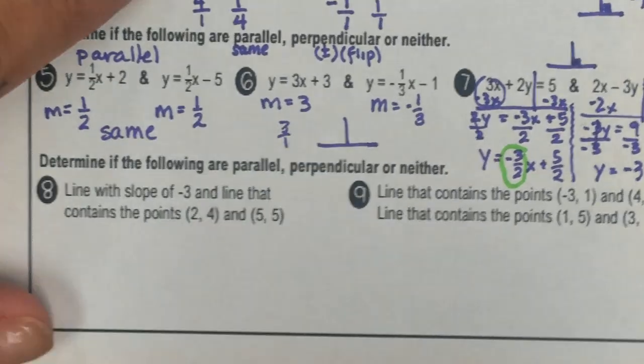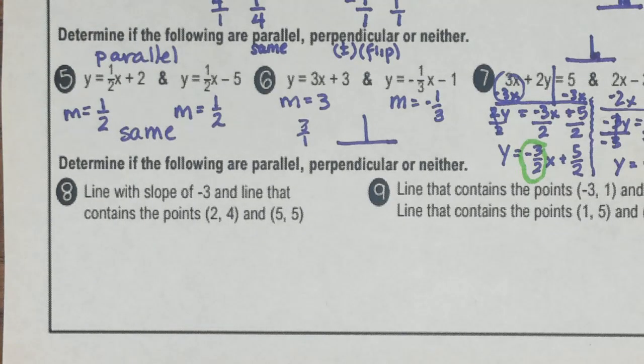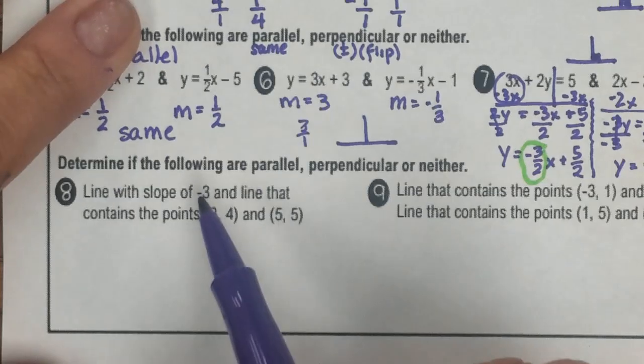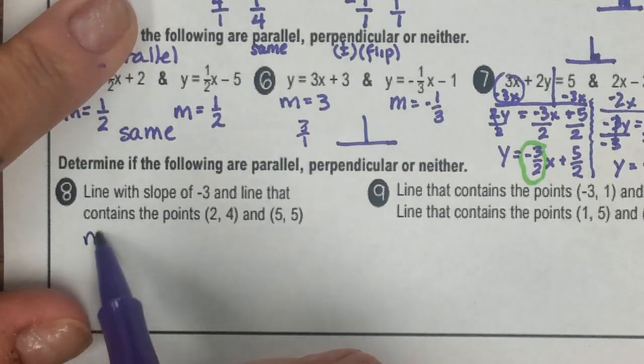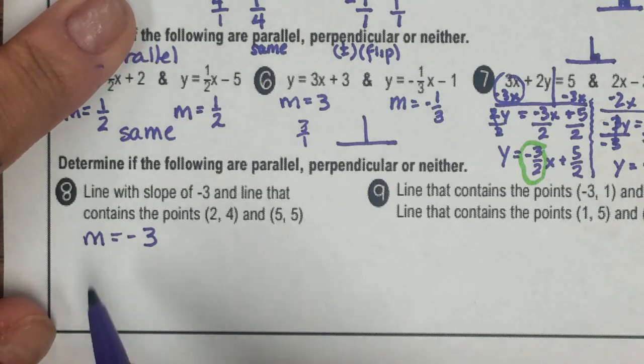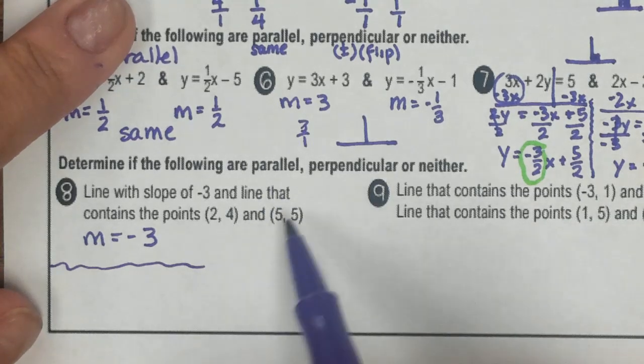All right, let's go to number 8. Number 8 says the line with a slope of negative 3 and the line that contains (2, 4) and (5, 5). All right. They're giving you two lines. The first line they tell you is m equals negative 3. The second line, we've got to figure it out using these two points.